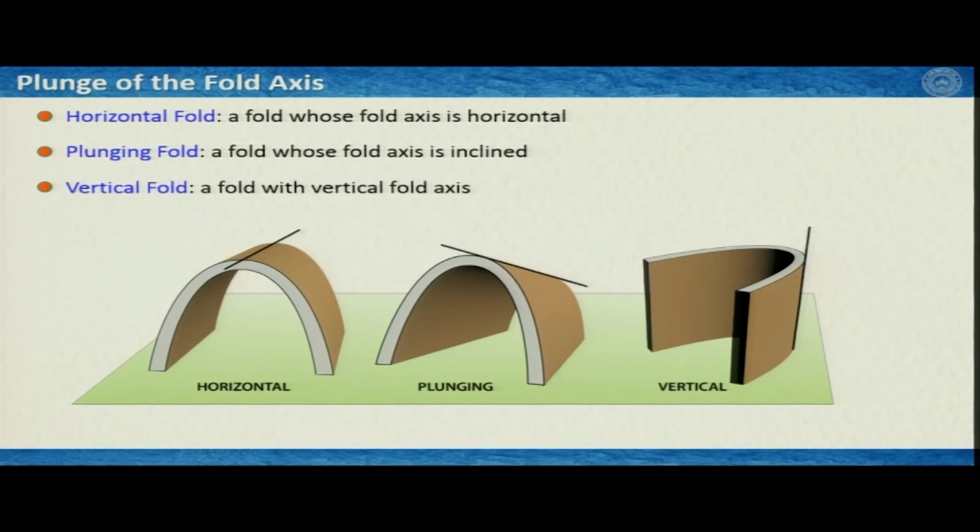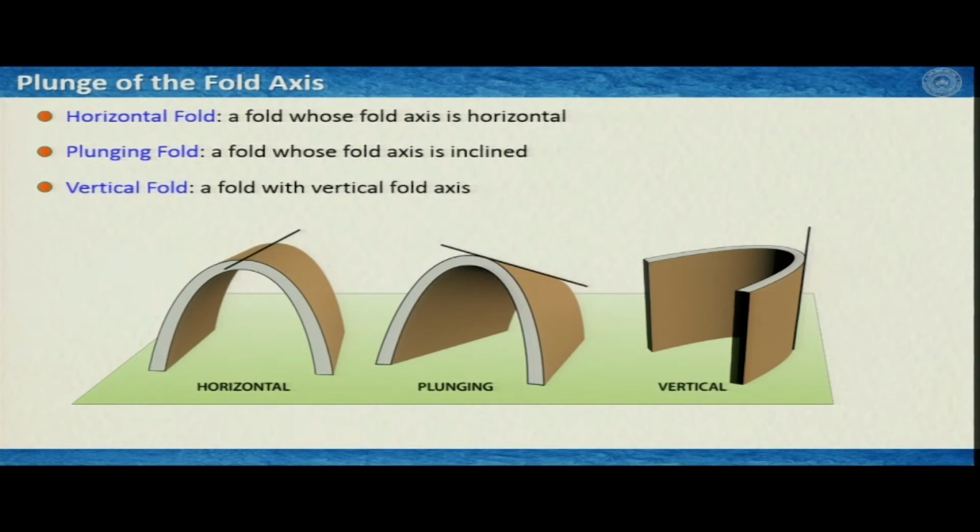That means it does not have any plunge, so plunge is close to 0. A vertical fold, which I am taking third, is where the fold axis is vertical or close to 90 degrees, and anything between horizontal and vertical fold is known as a plunging fold, or a fold whose fold axis is inclined.